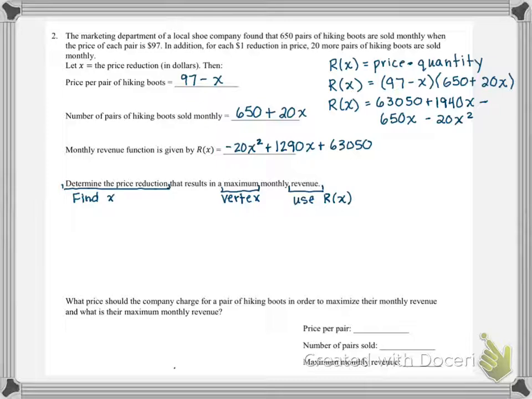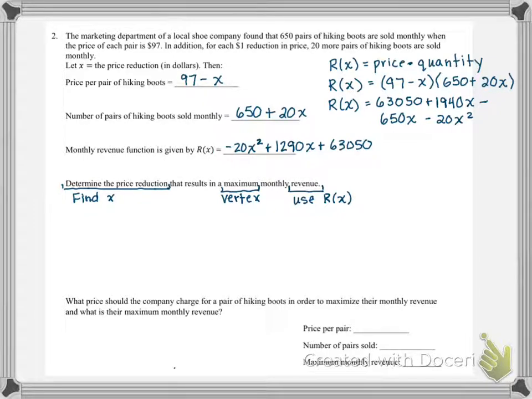This process of going through and identifying what it is you're trying to find and what function you're using to find it is really important in these problems. Especially tomorrow, we'll be talking more about financial applications, and in the same problem you'll have a cost function, a price function, a revenue function, a profit function.